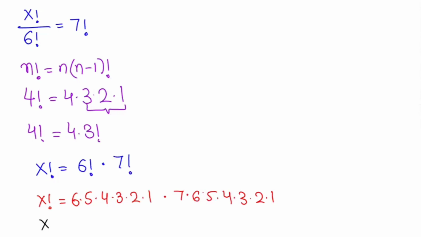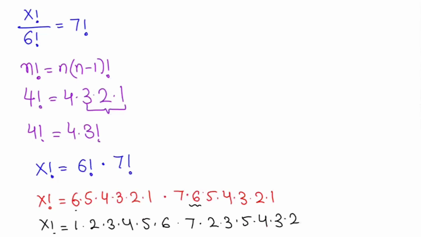Now in the next step, I will expand this 6. So x factorial is equal to 1 times 2 times 3 times 4 times 5 times 6. Here 7 I will write the same, and in replacement of 6 I will write 2 times 3, which gives us 6 times 5 times 4 times 3 times 2 times 1.